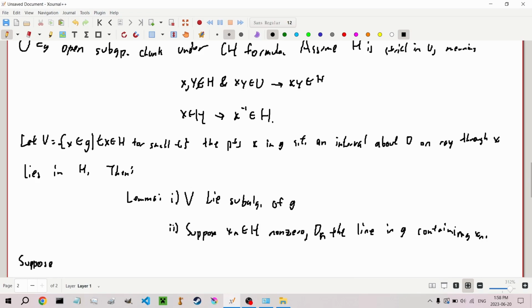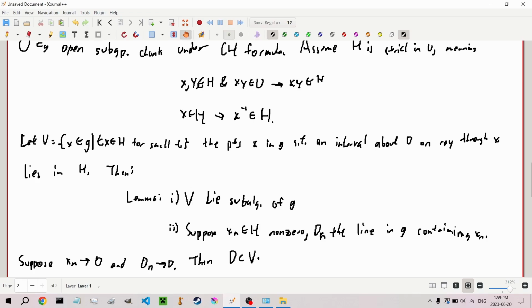Suppose that x_n goes to 0 and d_n goes to d as n goes to infinity. Of course, then we hypothesize that d is within V. Alright, I need to prove this now.